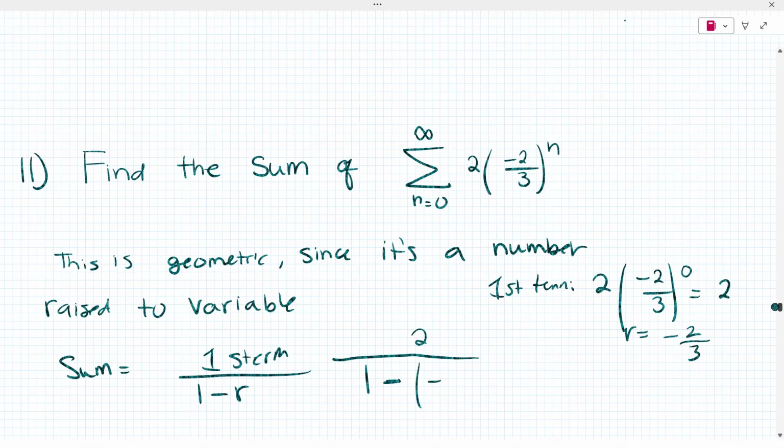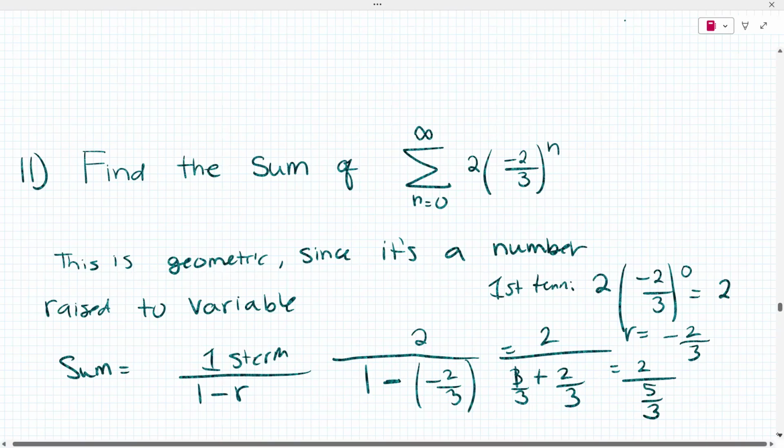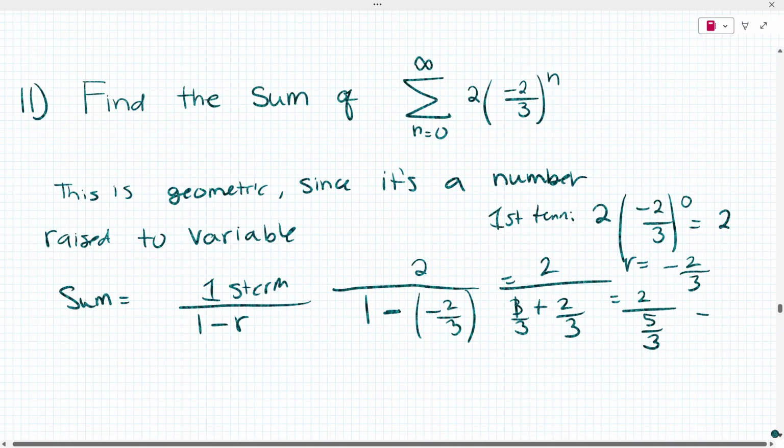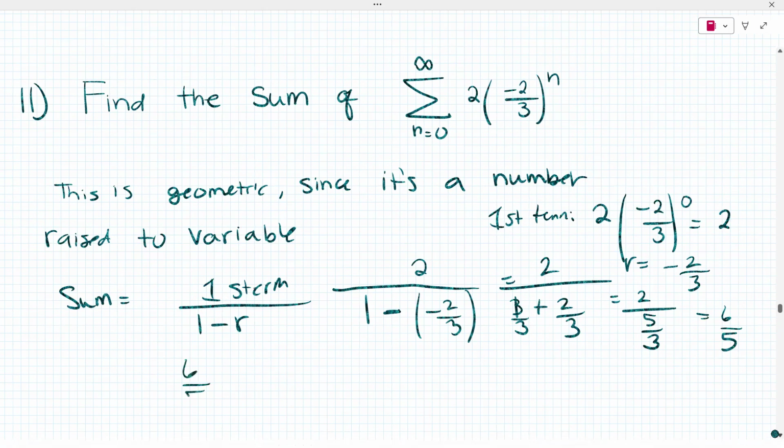So it's one minus negative two thirds. Two negatives become a positive, so it's one plus two thirds. Let me simplify this. I can rewrite one as three thirds, so that's two over five thirds. Simplify two divided by five thirds, that gives you six fifths. So the sum will be six fifths.